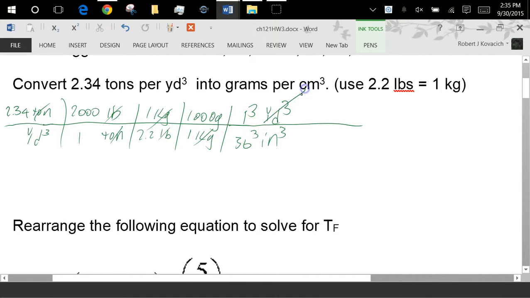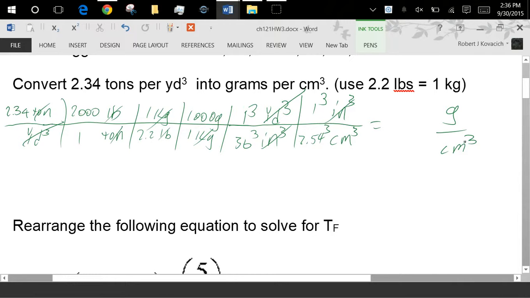Now I've got yards that are cubed and inches that are cubed. Let's do that again. I put inches up here and centimeters down here, and I put 1 there and 2.54 here. Then I cube the inches and the 1 and the centimeters and the 2.54, and then my inches are canceled, and I'm left with grams per centimeters cubed.